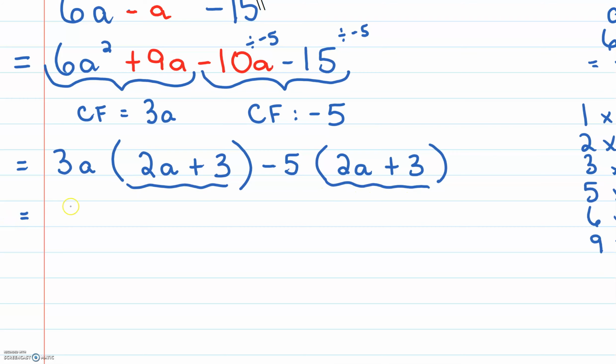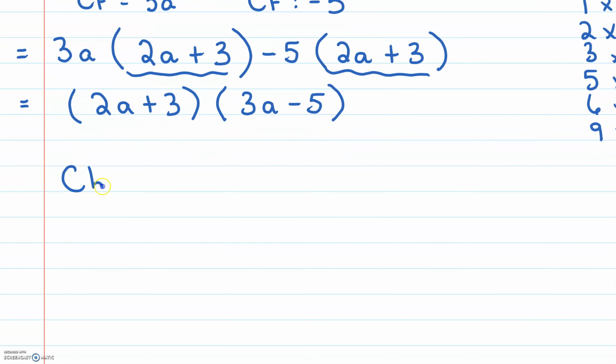They are identical. If they're not identical, you may have to take out a different common factor. Usually the trick is, if you take out a negative and that didn't give you the same exact bracket, just take out the positive. So we took out the common factor of the brackets, 2a plus 3, and there's 3a minus 5 left over. And that is the final answer.